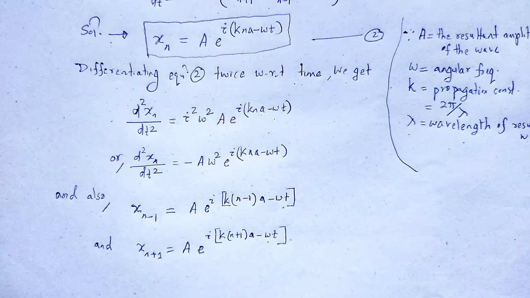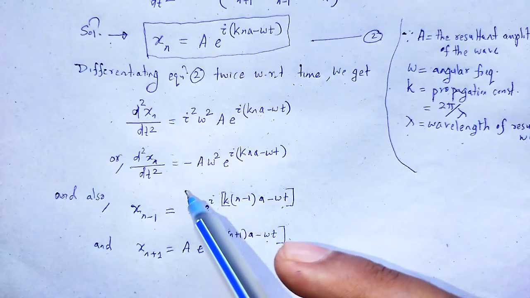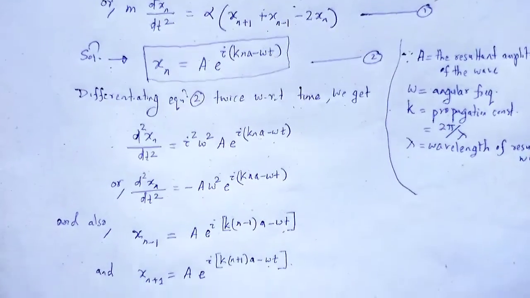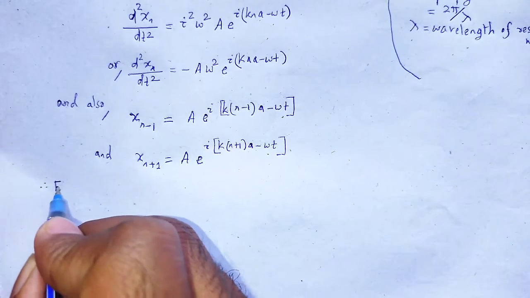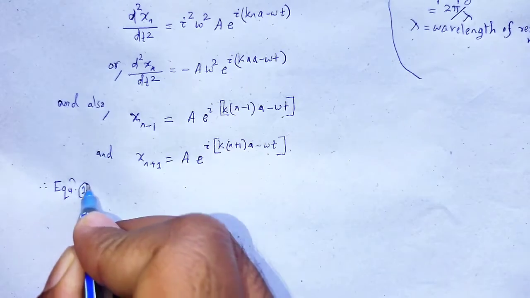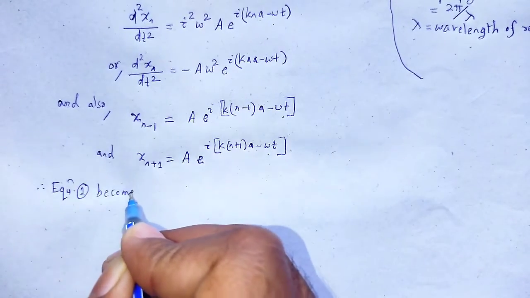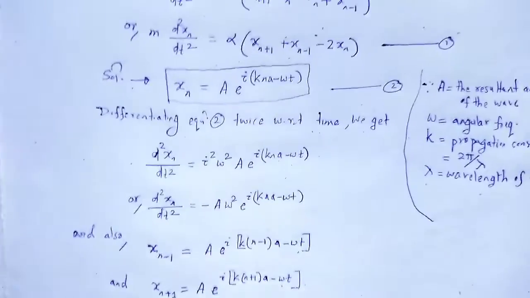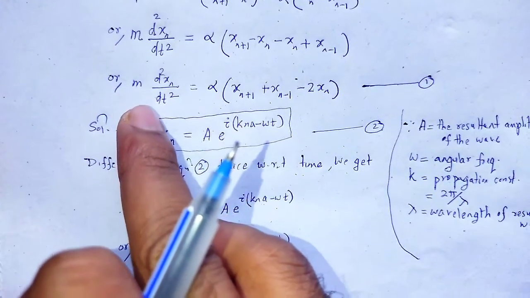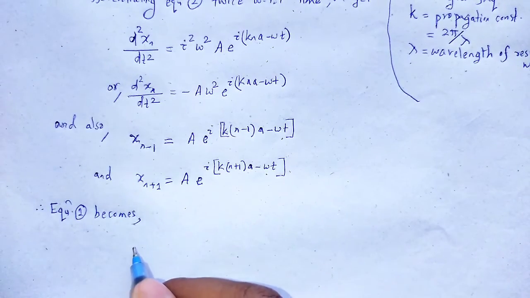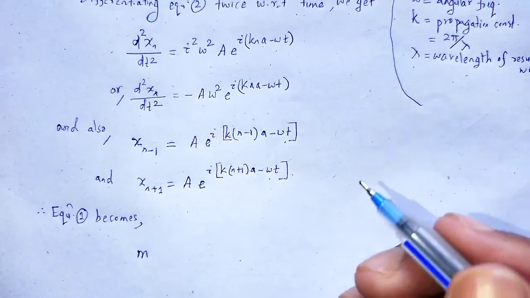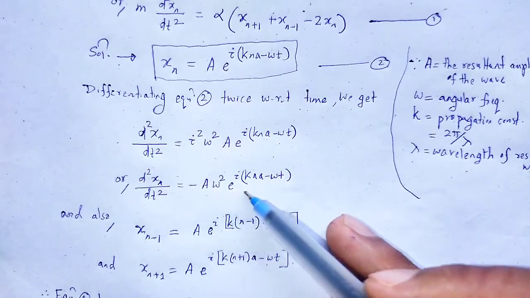Now we substitute all these values in equation number 1. Therefore equation 1 becomes m d square x_n by dt square, the value is equal to that much.